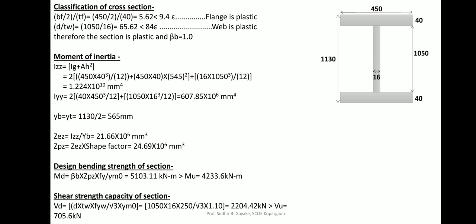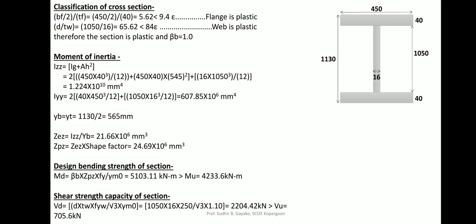The capacity of section is greater and the amount which is going to act on the cross section is lesser, that is 4233.6 kilonewton meter. So our cross section is satisfying. Now next is shear strength capacity of section. So shear strength capacity is calculated for regular beam.